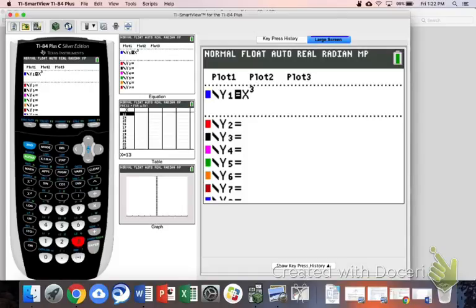Those of you using your calculators, is this still good? Yeah. Okay. And then once you do that, you see how you're still in the exponent? You need to arrow to the right to get out of the exponent. Otherwise it'll just keep writing stuff in the exponent, and we don't want that. So then we're going to go minus x squared.